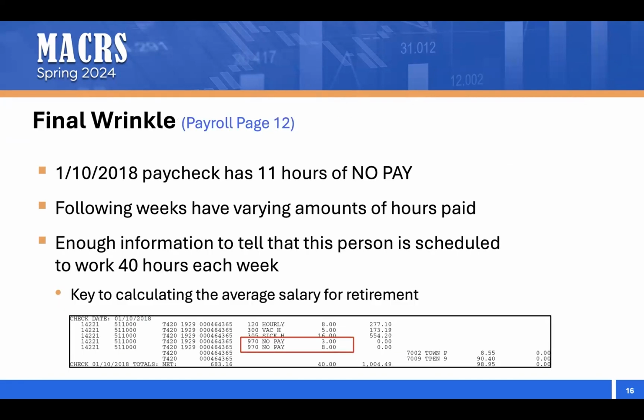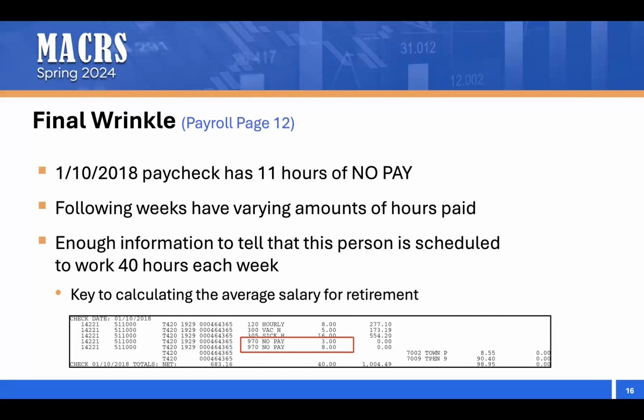And the last person we're going to go over is starting on page 22 of the booklet. So in addition to hourly pay and sick pay and vacation pay, there's also no pay. So these guys are tracking the no pay hours.